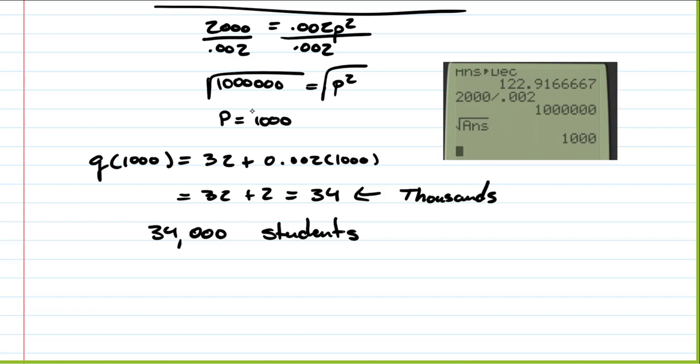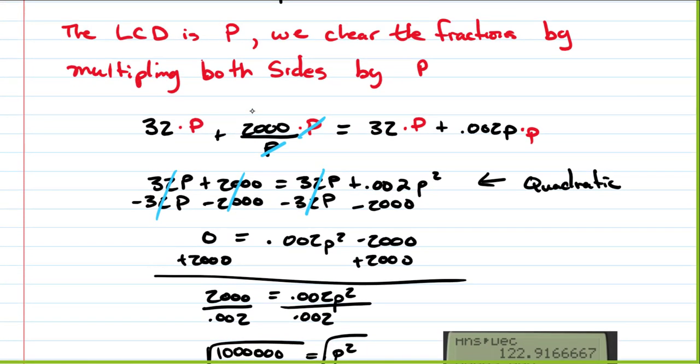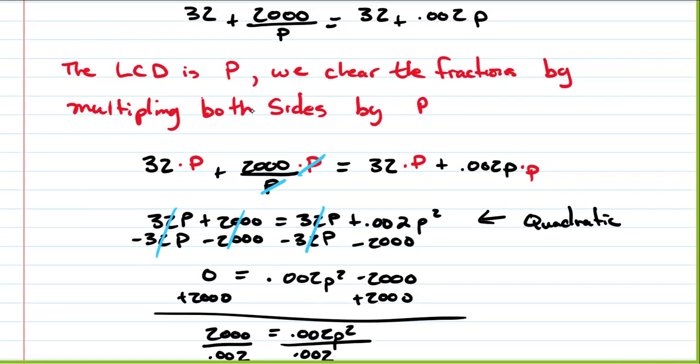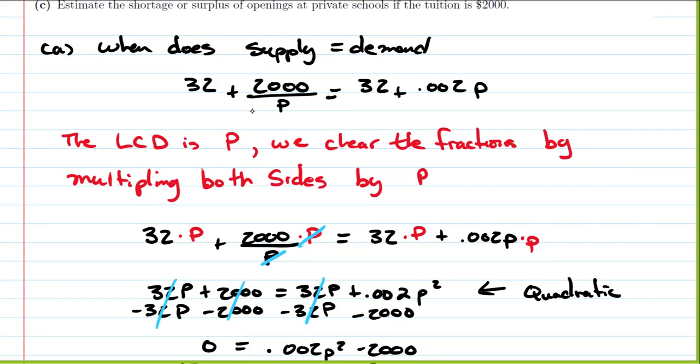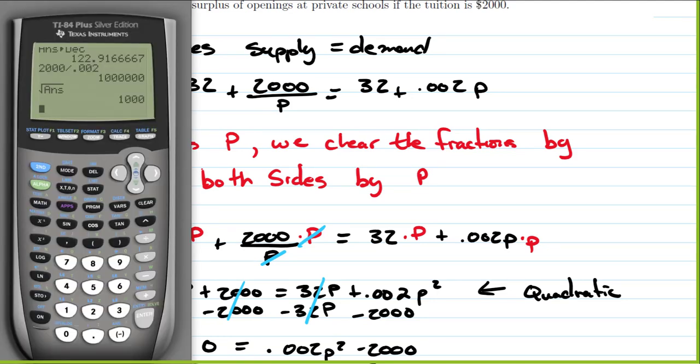All right, so now let's back up a little bit. When we started with this original thing right here, let's hit our graphing calculator and graph each of these on our graphing device. So we have 32 plus 0.002, and our calculator doesn't know p's, so we'll put in x.